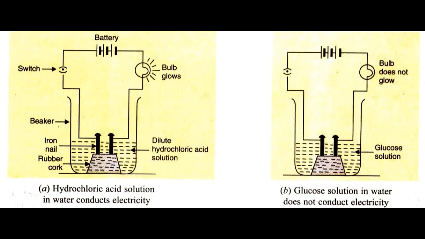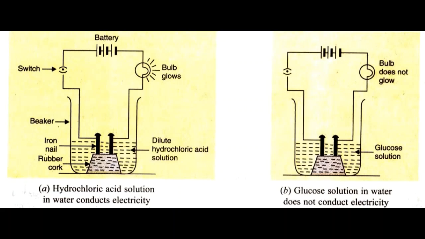Here is an example where you see water in which hydrochloric acid solution has been given. It is acid, so the hydrogen of hydrochloric acid is dissociable. But in the second picture we have glucose solution, C6H12O6. There are 12 hydrogen atoms, but they are not dissociable.